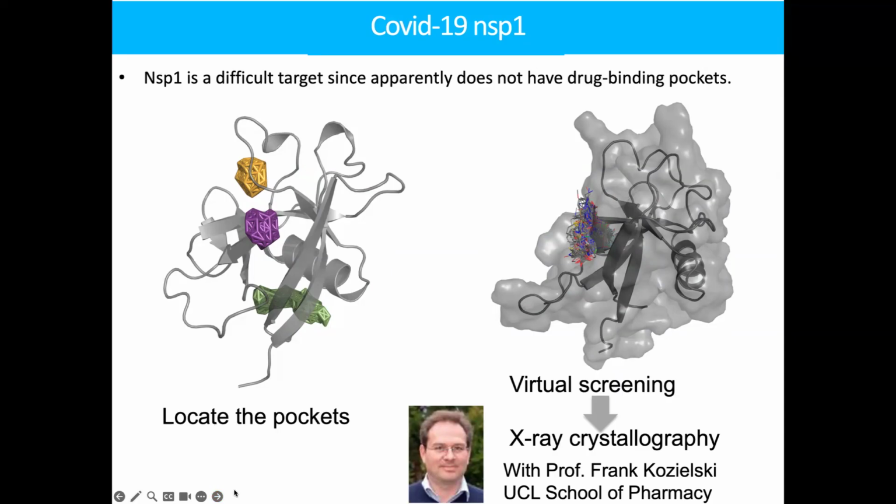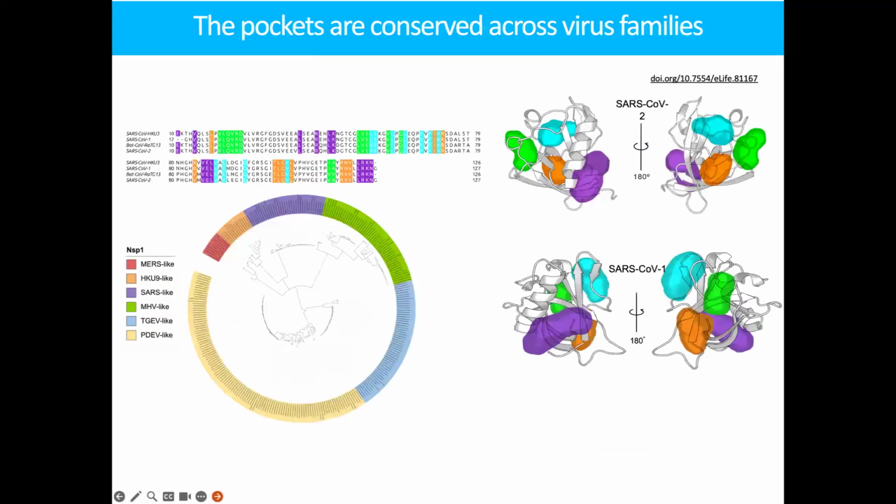We could validate only one of them, not the other two. We believe that this is because we used soaking, and because of the crystal packing, in particular this yellow cavity is not accessible in the crystal. So we think this is a limitation of the experimental setup, but it's still something that we are looking at.